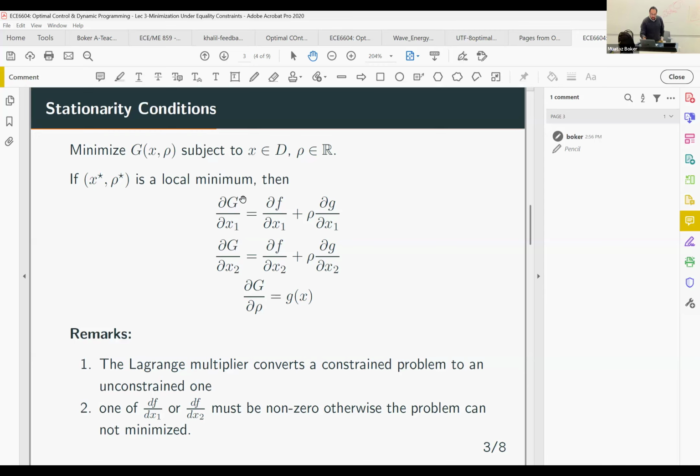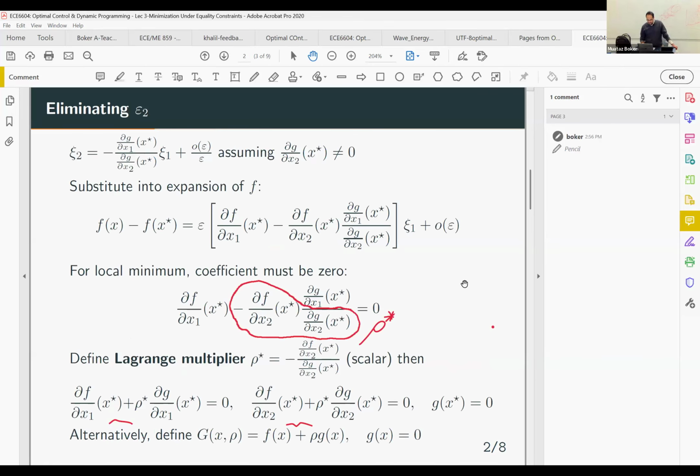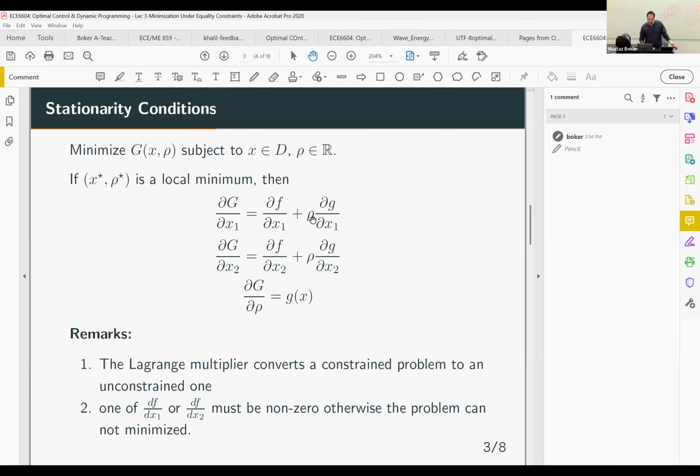My question to you now: when I minimize G with respect to x1 and x2, why don't we also differentiate rho with respect to x1 and x2? Why is rho just treated here as if it's constant? Because it's a scalar, if you differentiate it, it would be zero anyway. Well, no. Yeah, it's a scalar, yes, but it's not because of that.